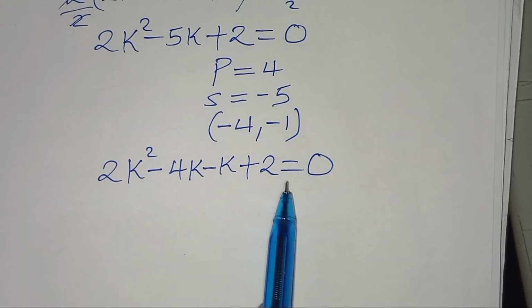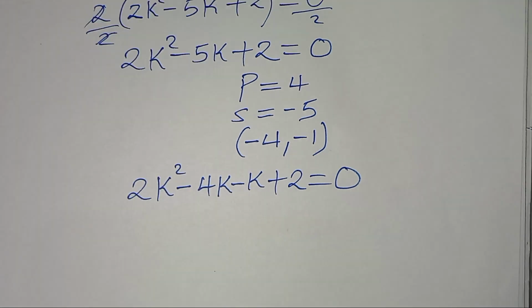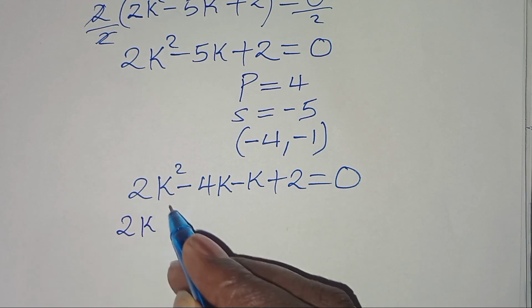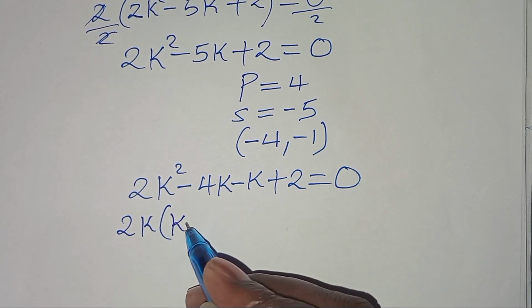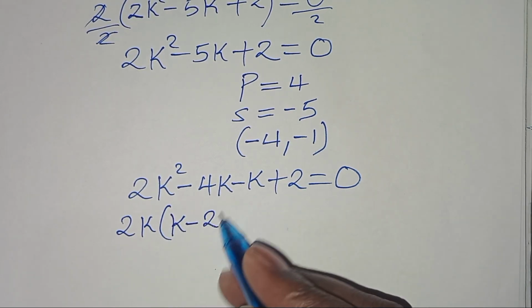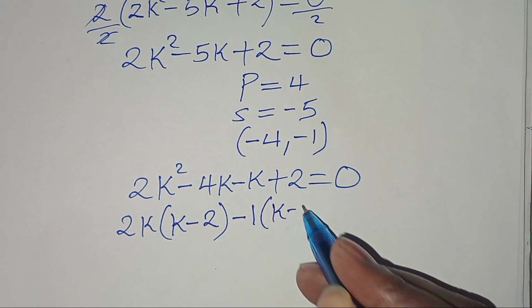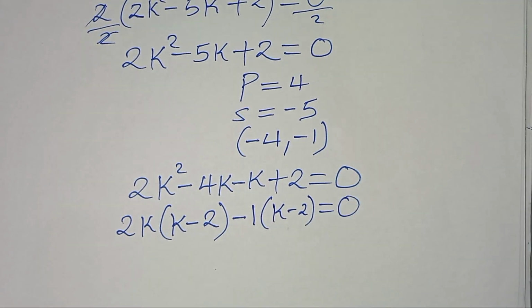Now let's factorize this. We'll have 2k common here, so that we'll have k subtract 2, then subtract 1 times k minus 2, equal to 0.